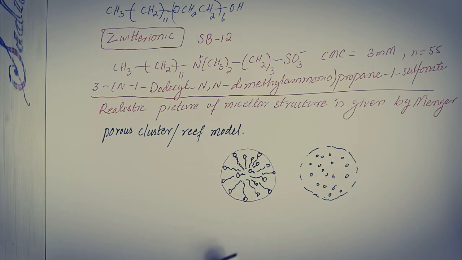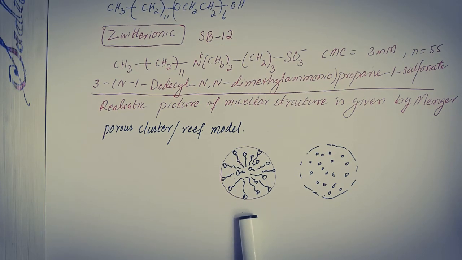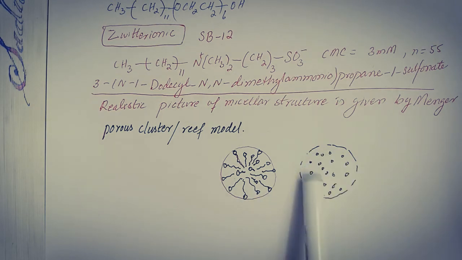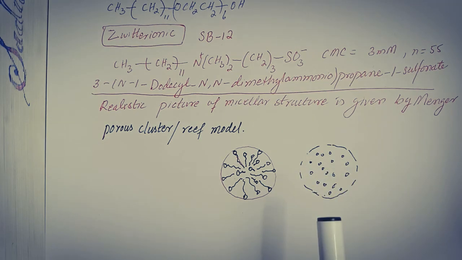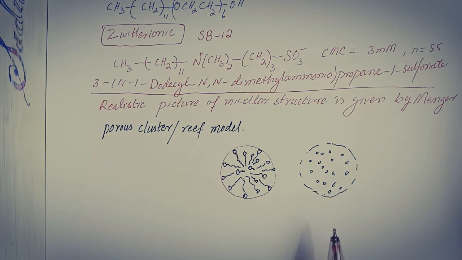So here I tried to make the porous cluster in which the polar heads are surrounding like a ball, having the polar heads at the surface and the interior is occupied by the longer non-polar chains. And if we ignore the shape of the polar chains, that is making the interior of the porous cluster like a sponge.